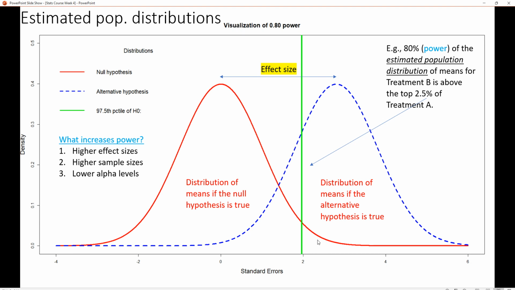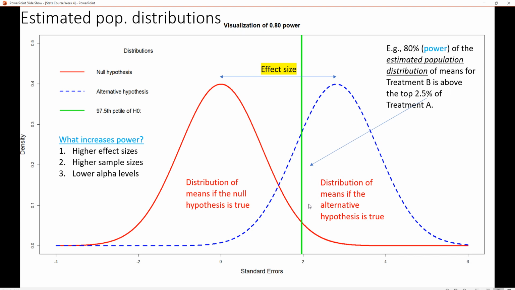This 2.5% also represents our significance level. Everything to the right of this green vertical bar would be in that significantly different area. So if you were to do this experiment over and over again, about 80% of the values would fall to the right of this green line, and that's for this blue distribution.